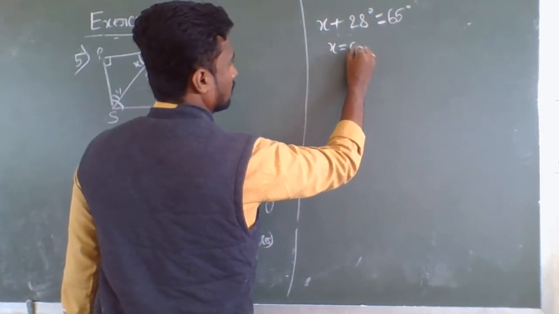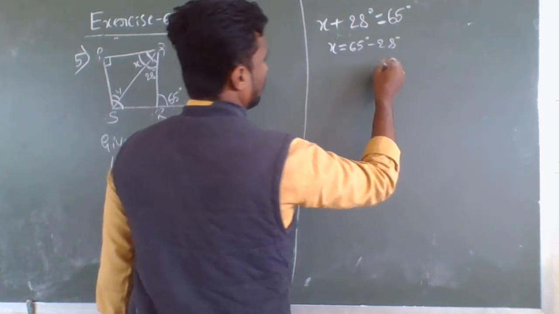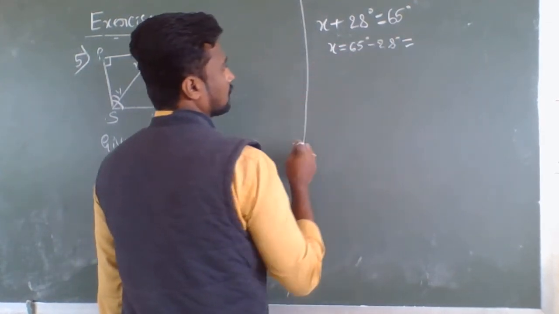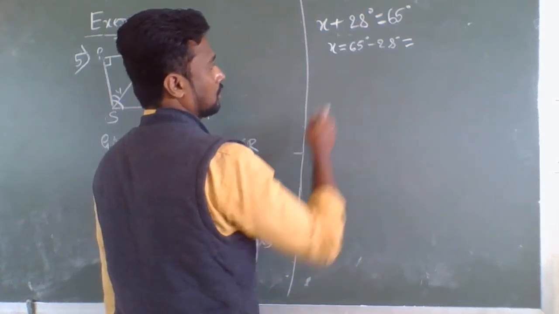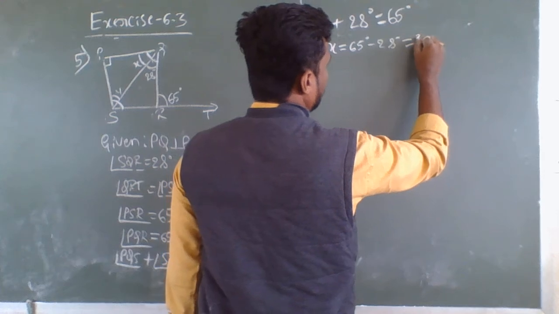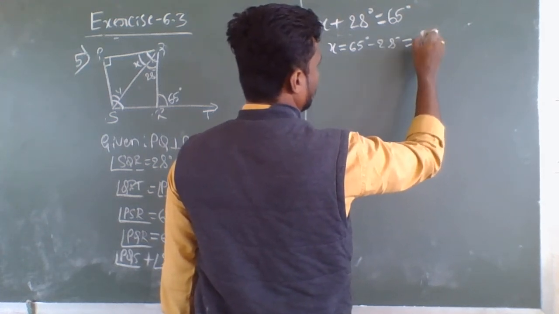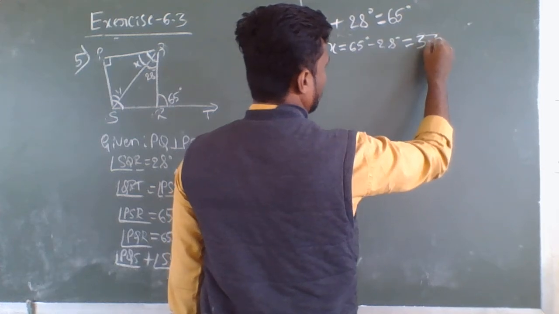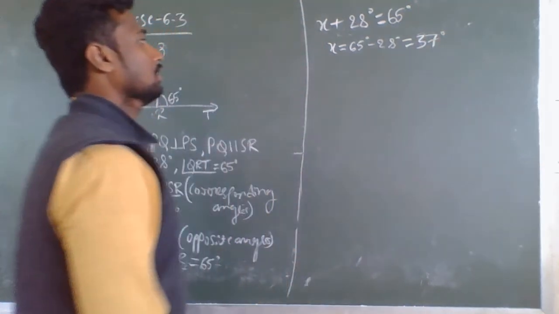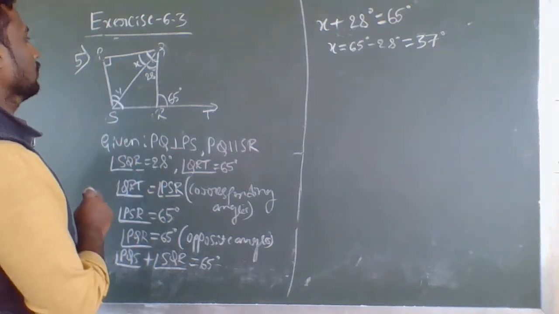X is equal to 65 degrees minus 28 degrees. 65 minus 28 means 37. 37 degrees. So the x value we got is 37 degrees.